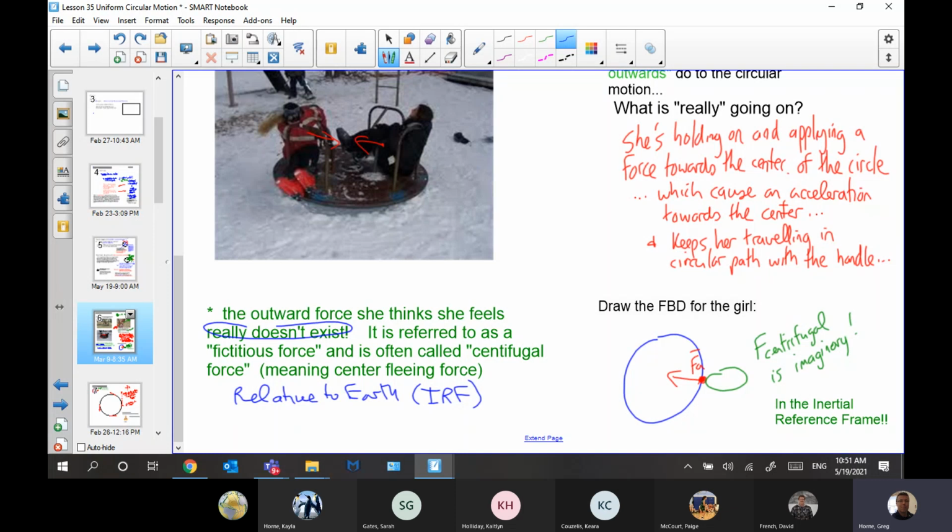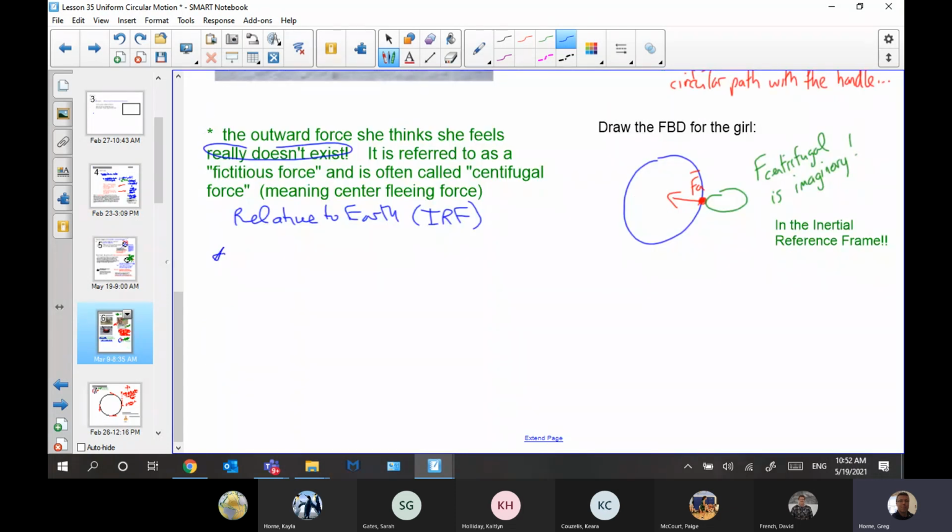I just add this to have complete information on each page, but it does exist in the NIRF, non-inertial reference frame, i.e. viewing from the rotating reference frame.